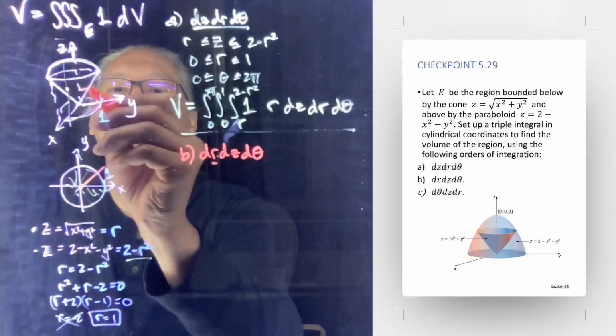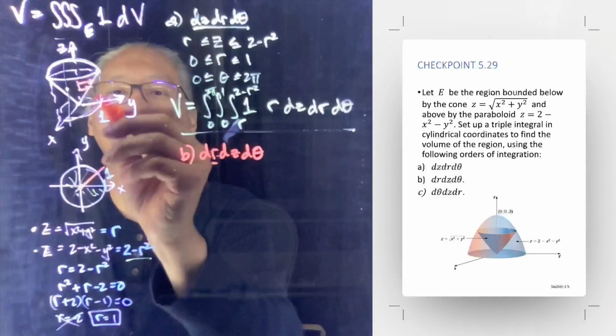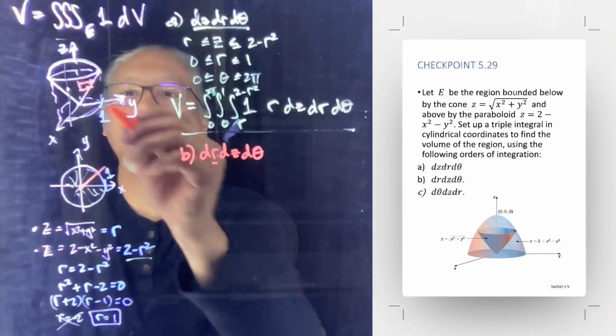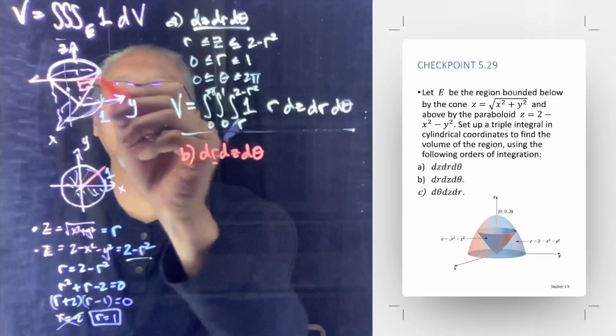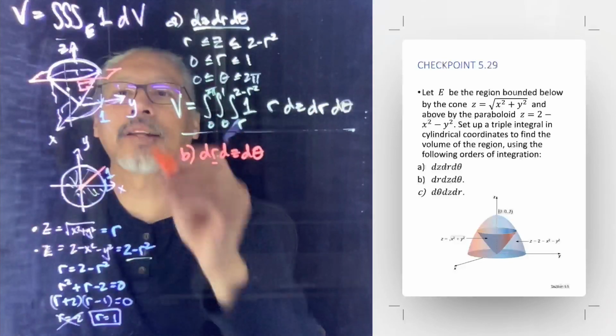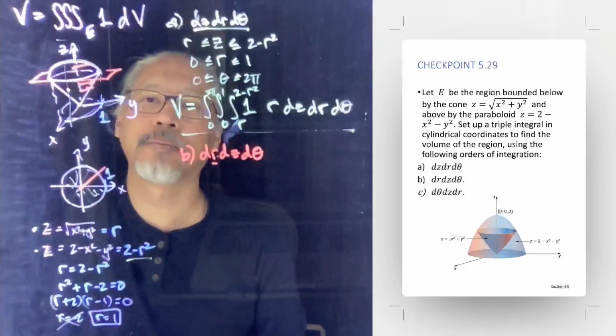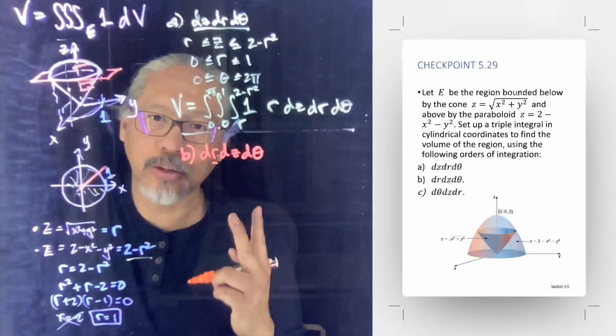If we follow this along, the radial distance from 0 goes out to the cone, but only up to a certain point. After that point, your radial distance goes from 0 to the paraboloid. So it looks like we're going to need two integrals here.